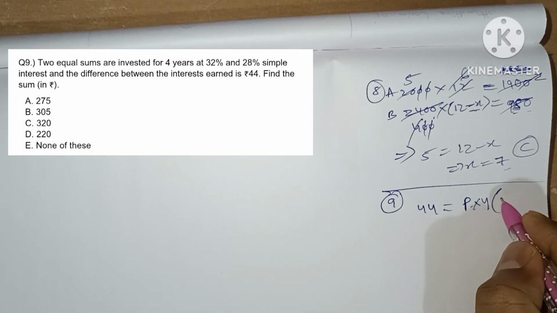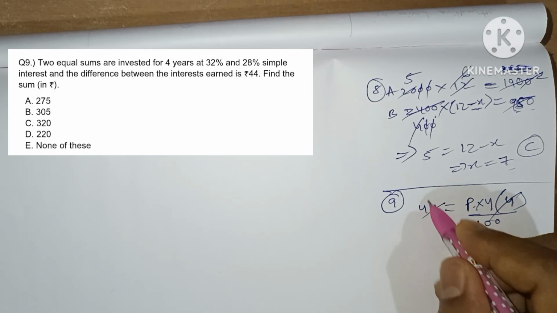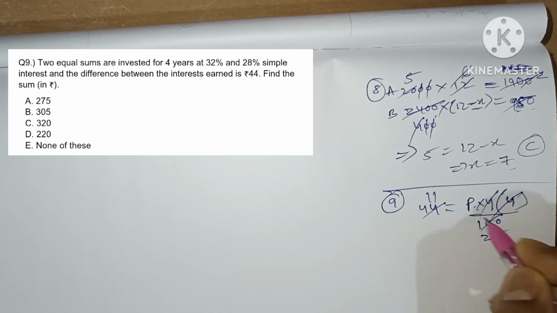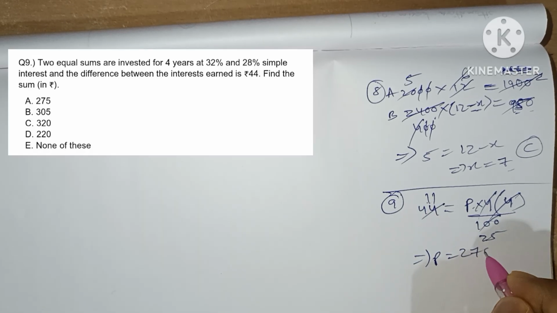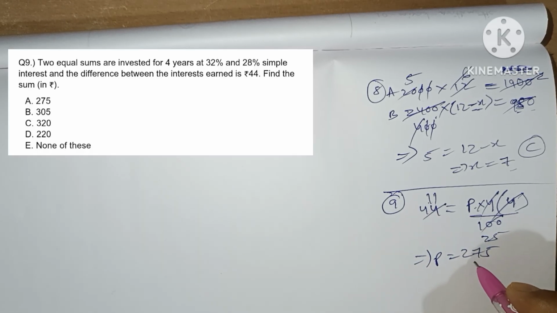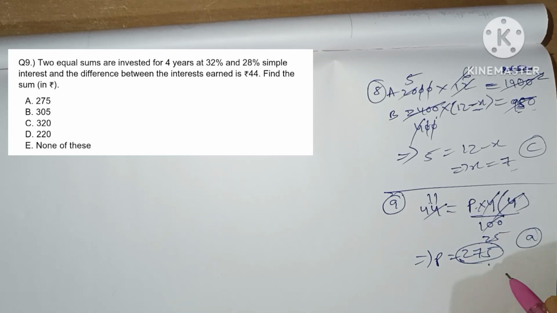The difference between the two rates is 32 minus 28, which is 4 divided by 100. So the principal we get is 11 into 25, which is 275. The question asked is to find the sum, 275. Option A is our answer.